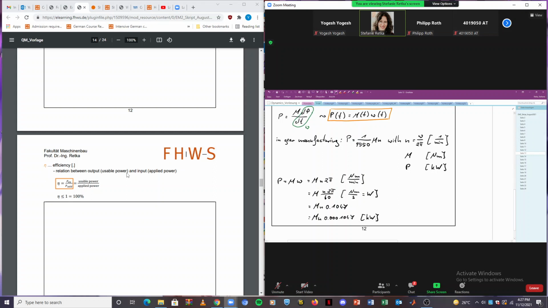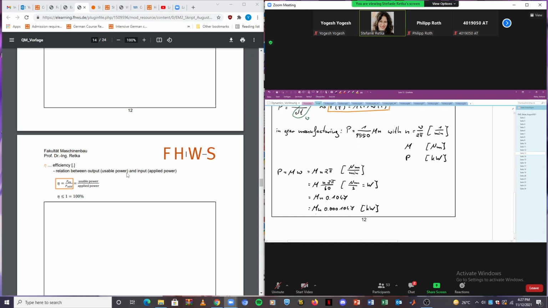Of course, it does not yet look like our rule of thumb. There's this 1 over 9,550. This equation is difficult to memorize. So what they did is they converted this value of 0.0001, etc., and stated the equation like this.